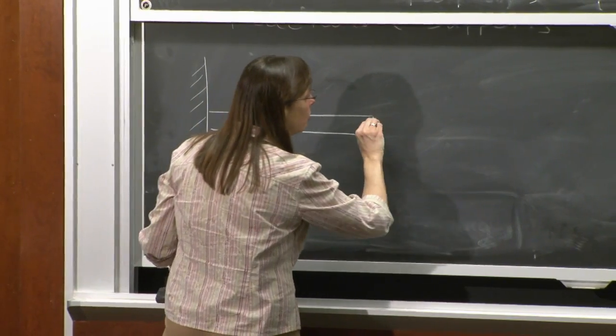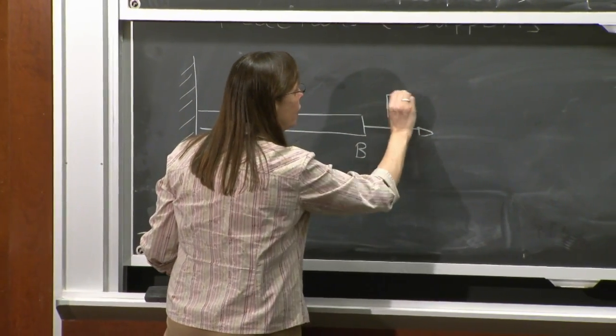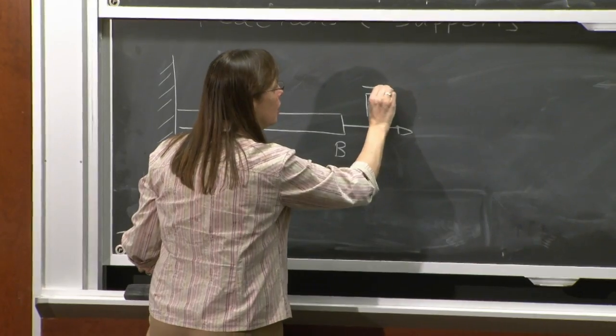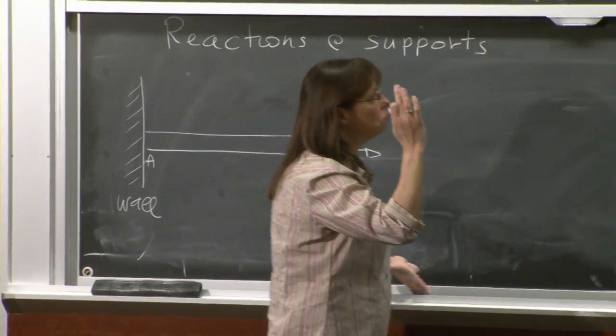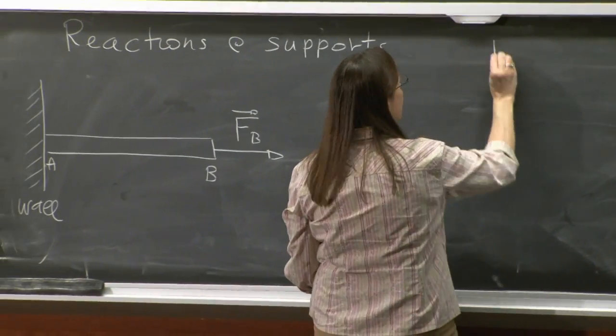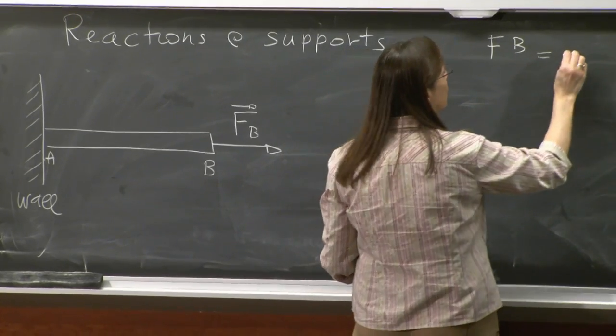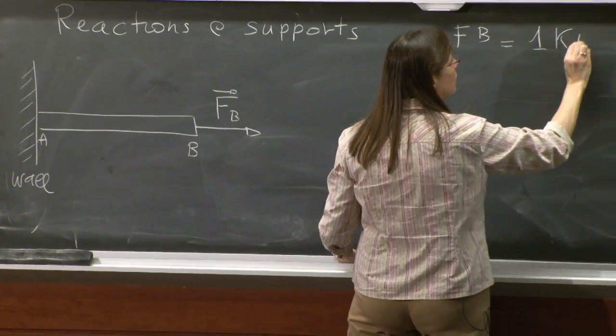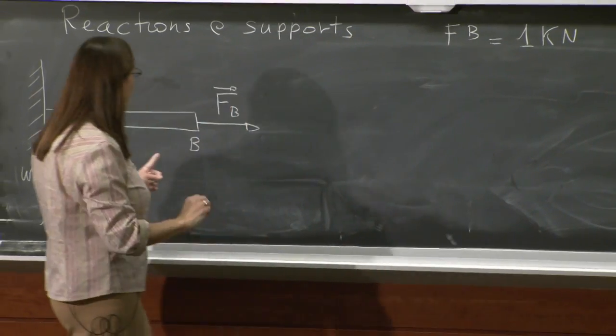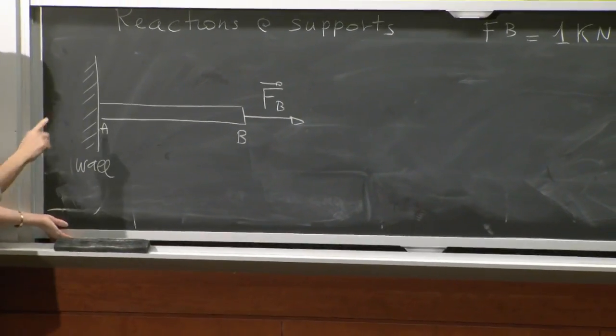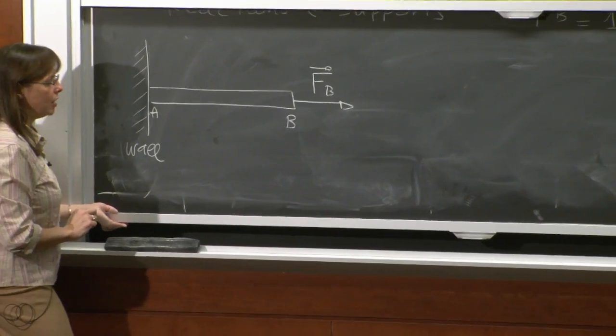And at this end of the bar, I'm going to apply a force, FB. Just because we want to put some numbers, let's say that the magnitude of FB is 1 kilonewton. The first thing that we want to figure out is what is the reaction force at the support.